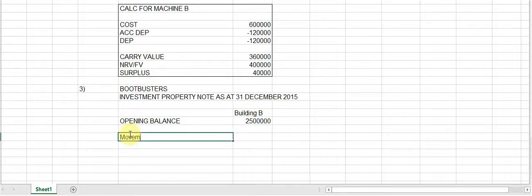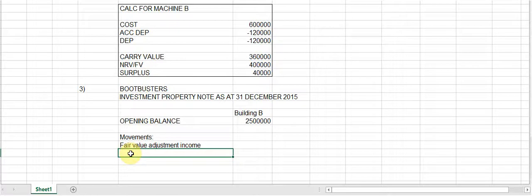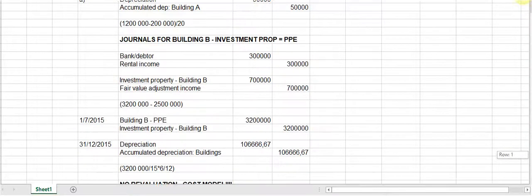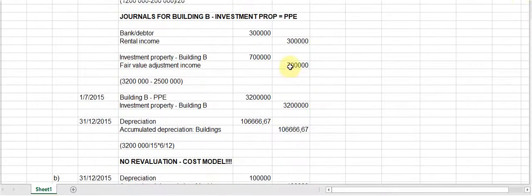Under movements, we had a fair value adjustment income, and we had a transfer to PPE. The fair value adjustment income that we recognized on building B was 70,000 Rand.